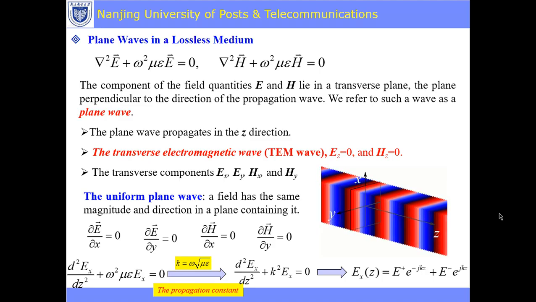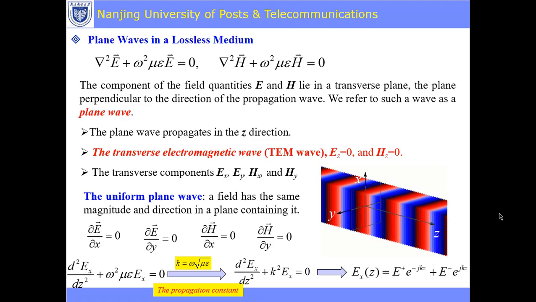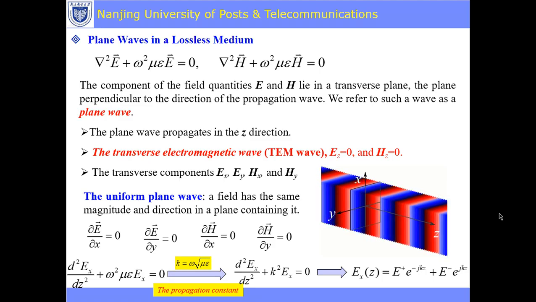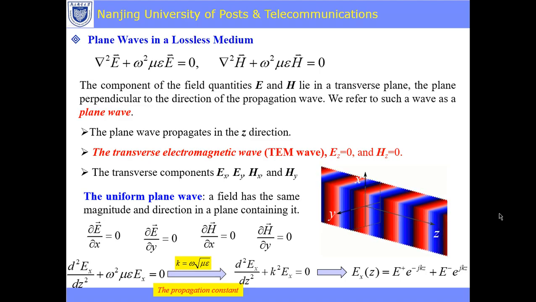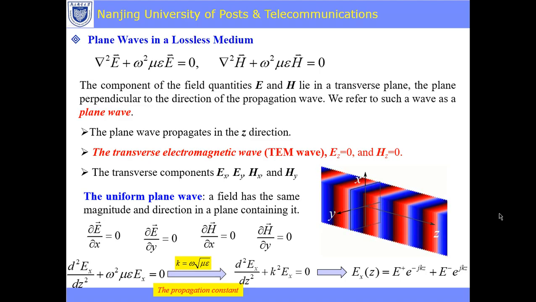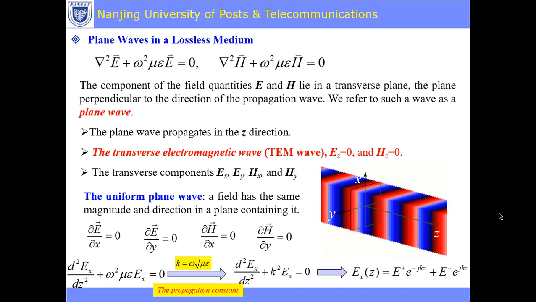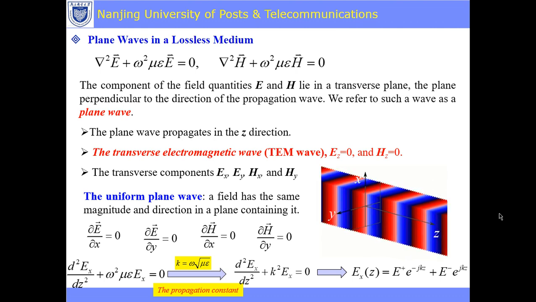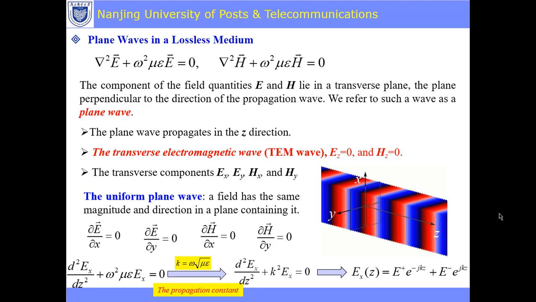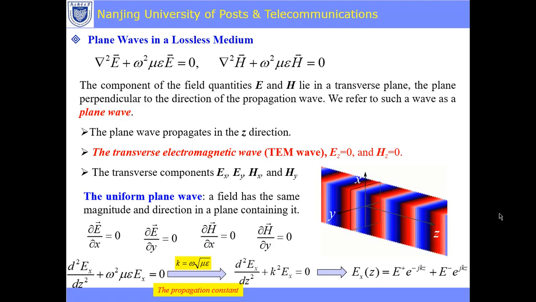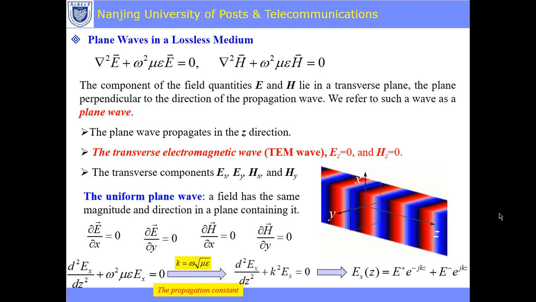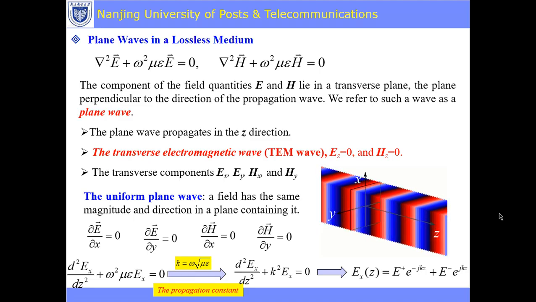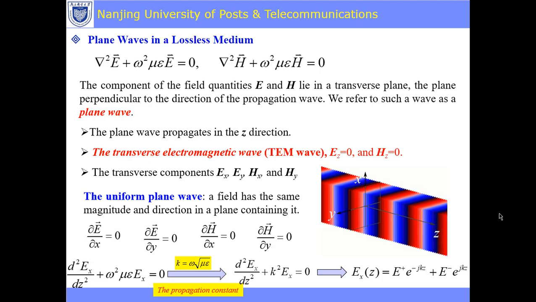Those components are 0, that means there are no components in those directions. Now they have defined this quantity, omega square root of mu epsilon, as the propagation constant.